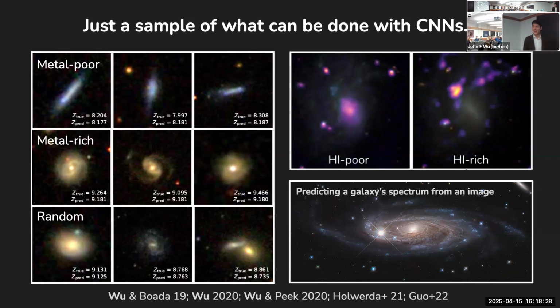In fact, a lot of people told me not to bother because it was just not going to happen. And yet we can not only predict the gas phase metallicity directly from images, or even probe something like the H1, the neutral atomic hydrogen gas, and also use interpretable machine learning techniques to basically understand where in the images these neural networks are looking in order to make different types of predictions.